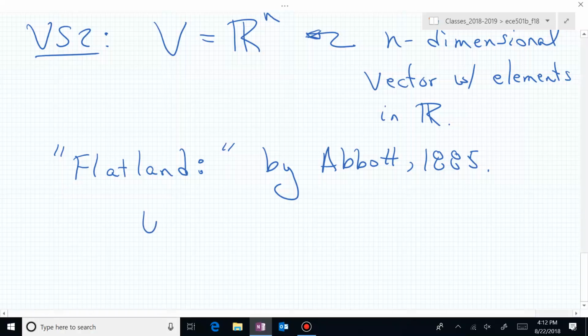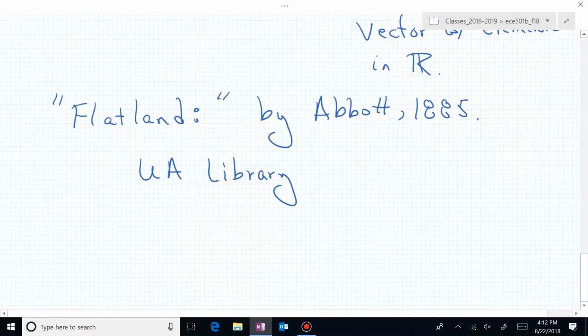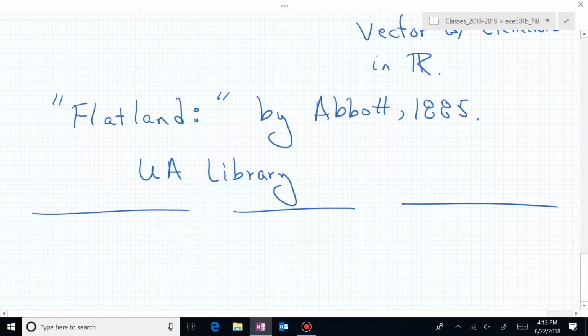But you can access this through the U of A library. There's many different versions. There's actually an annotated version that would help you maybe decipher from one person's perspective what he was trying to infer or talk about in Flatland.